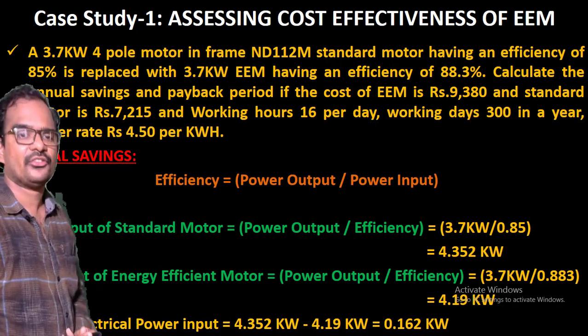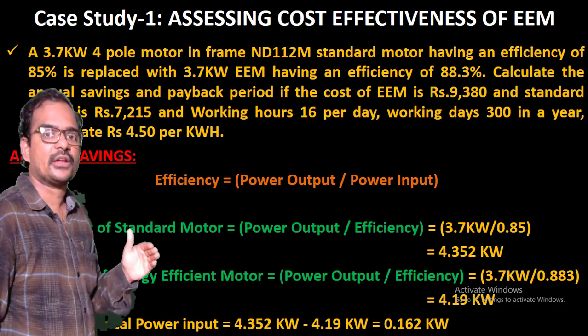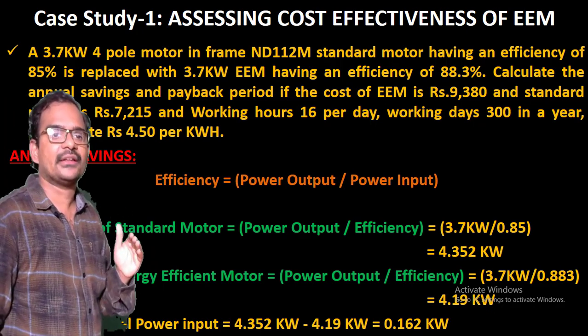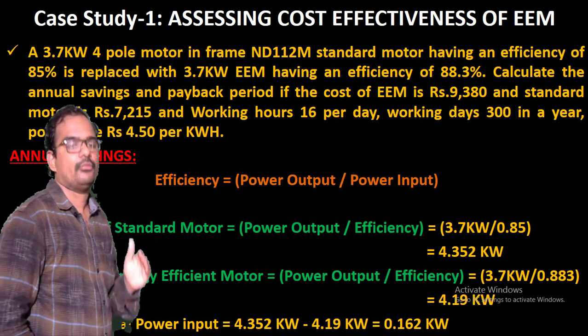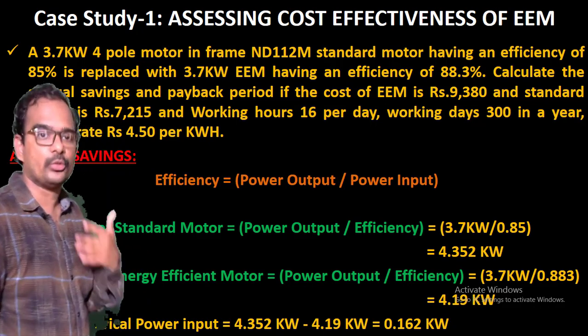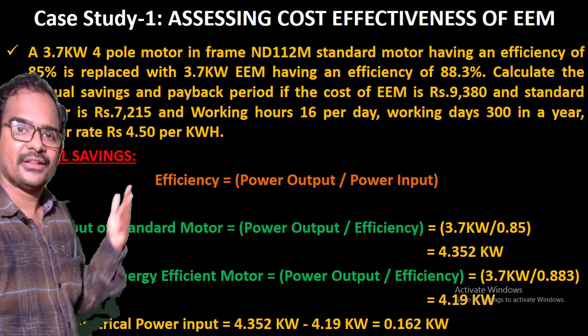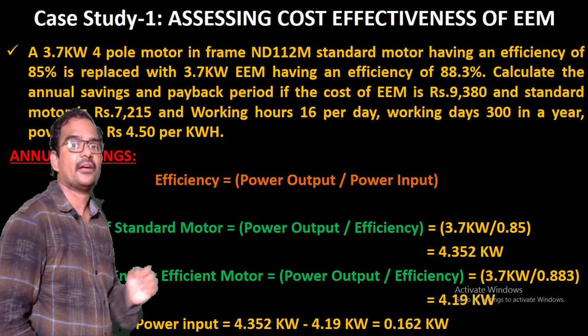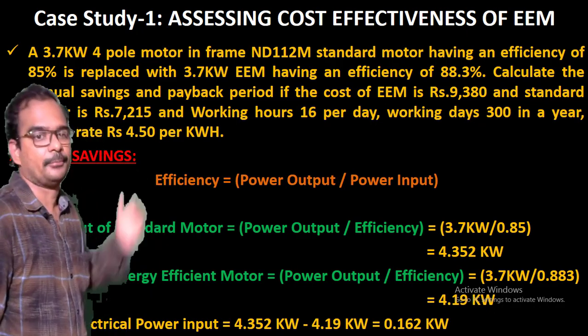Now what is it that they have asked? They have replaced the standard motor with the energy efficient motor, and now they are asking us to calculate the annual savings that we are going to get by replacing the standard motor with the energy efficient motor, as well as the payback period. We'll see that now.